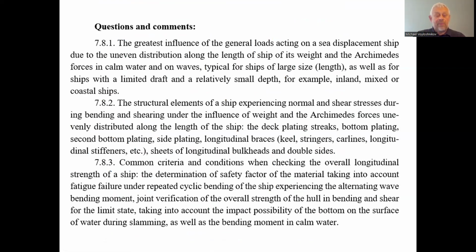Questions and comments. 7.8.1. The greatest influence of the general loads acting on the sea displacement ship is due to the uneven distribution along the length of the ship of its weights and the Archimedes forces in calm water and on waves, typical for ships of large length, as well as for ships of limited draft and relatively small depths, for example inland, mixed or coastal ships.